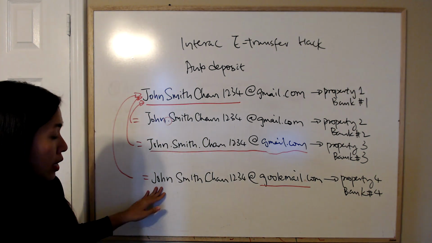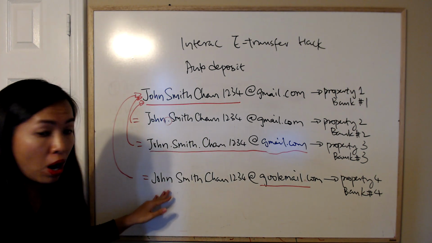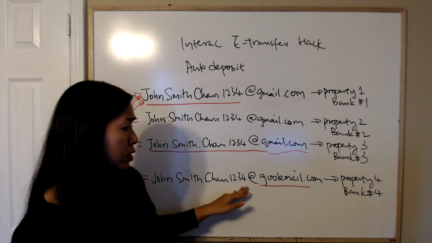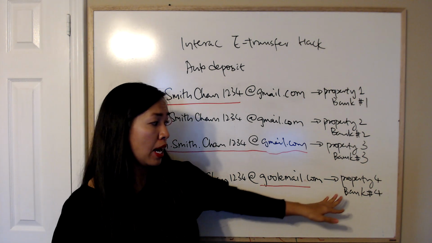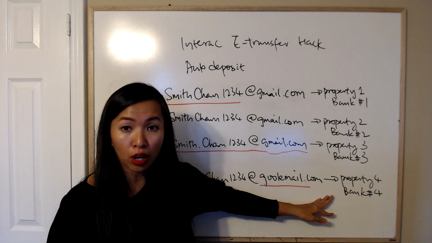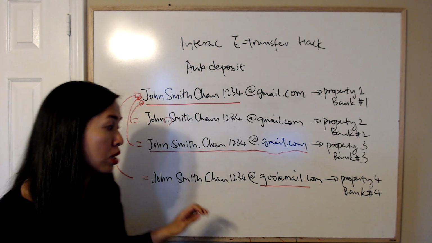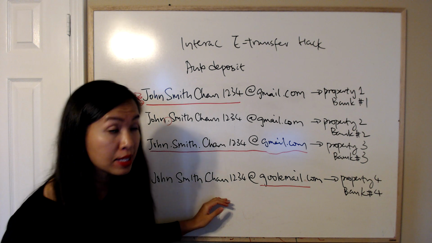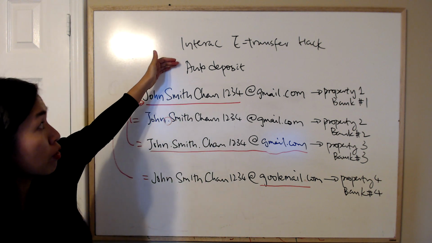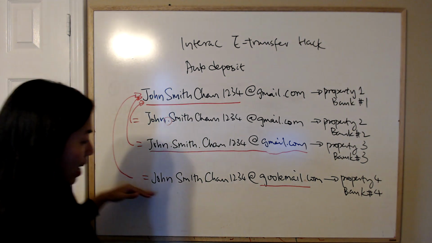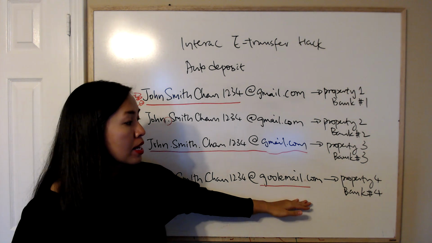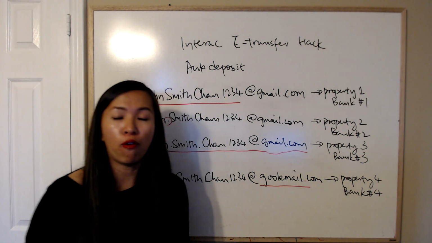And the last one, for my property number 4, I would set up johnsmithchen1234@googlemail.com and turn it on. I would give this email address to the property number 4 tenants, and set up the Interac e-transfer auto deposit with the exact same email address, and it would get deposited to bank number 4.